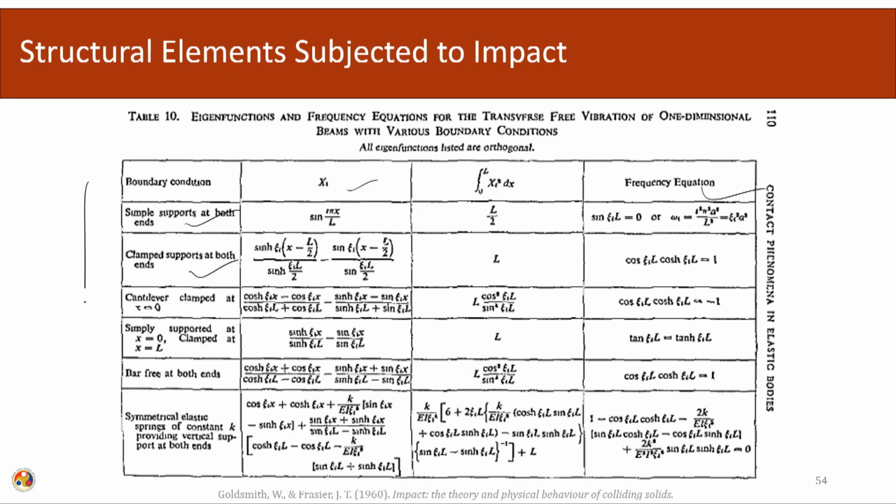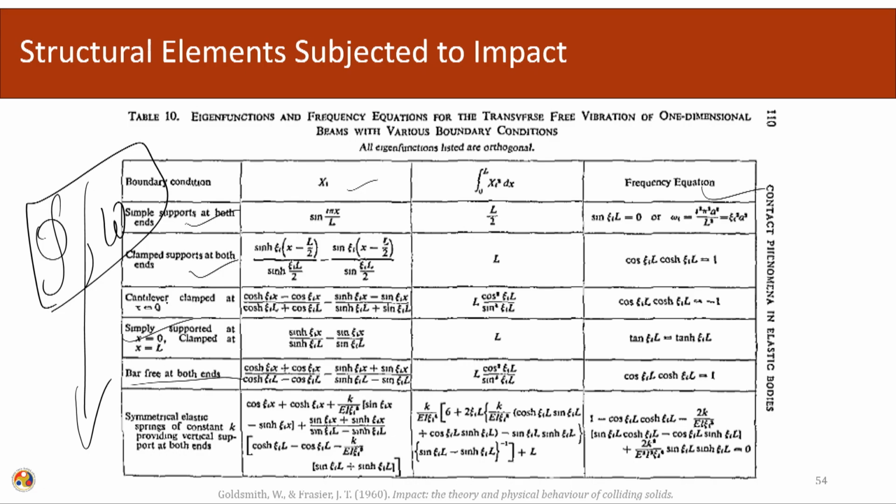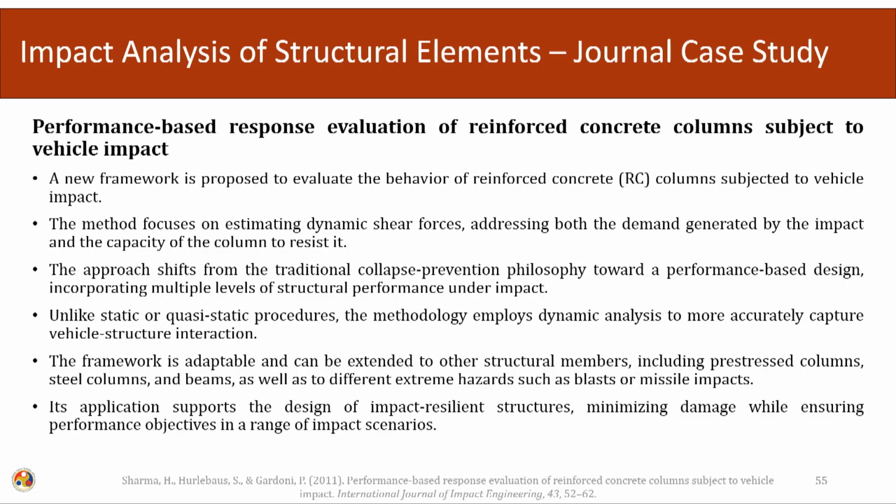For different boundary conditions, bar free at both ends, simply supported, cantilever, clamped, symmetric elastic springs, all the expressions are given which can be used to calculate the frequency and the mode shape of the particular system. So, moving ahead.